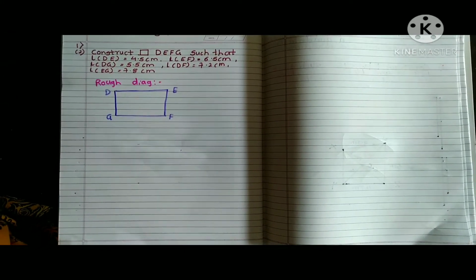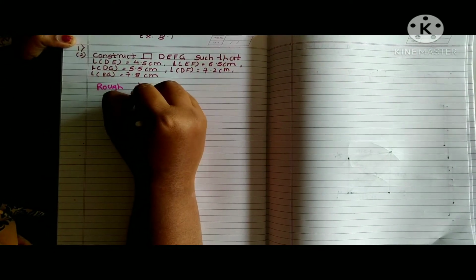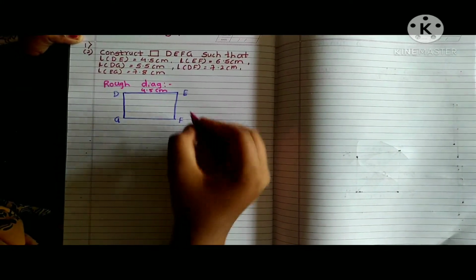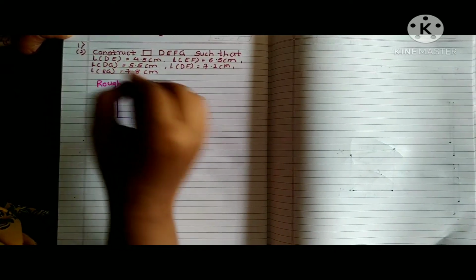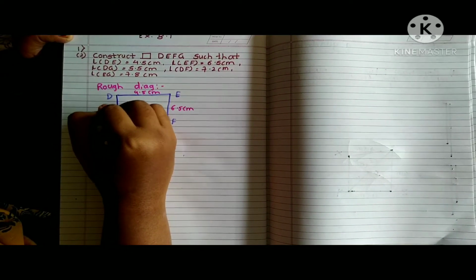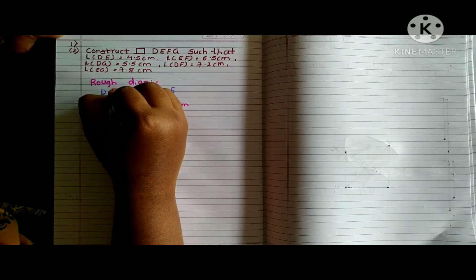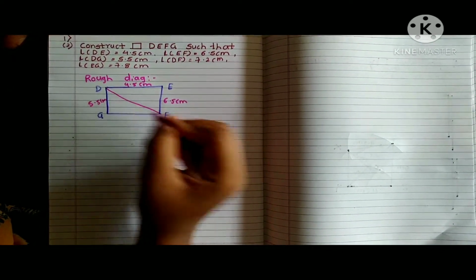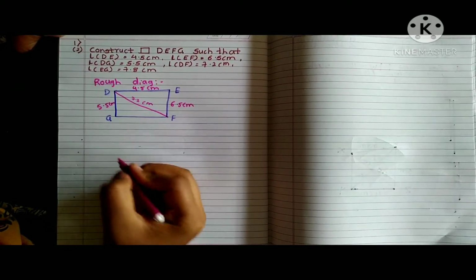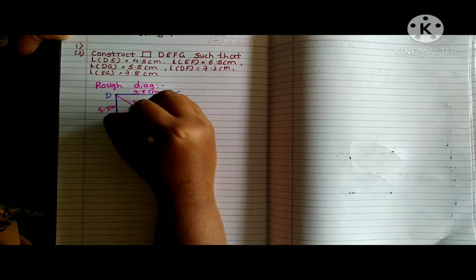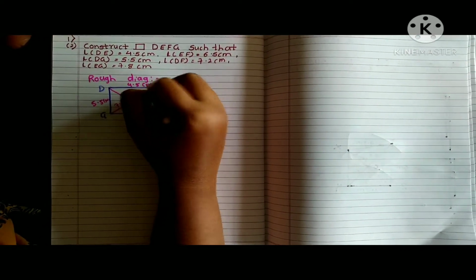Length DE is 4.5 centimeter, EF is 6.5 centimeter, DG is 5.5 centimeter, DF, that is one diagonal, is given to us, that is 7.2 centimeter, and EG, that is another diagonal, is 7.8 centimeter.